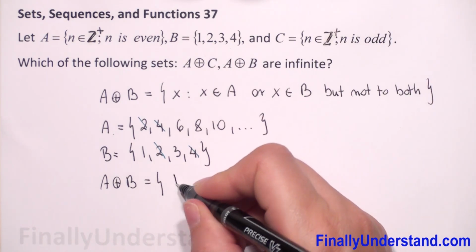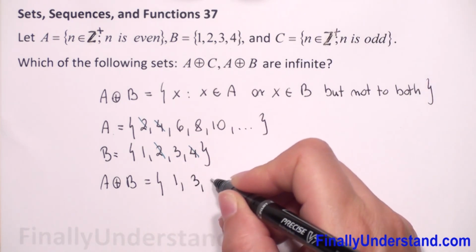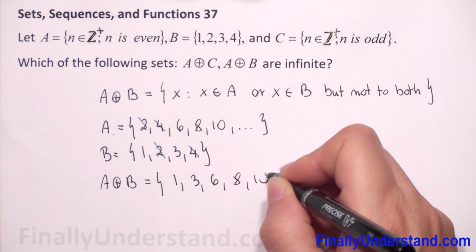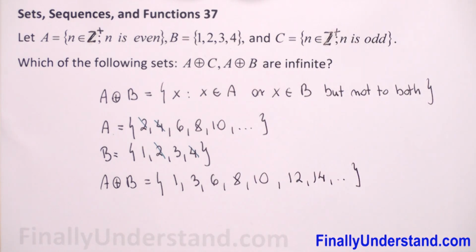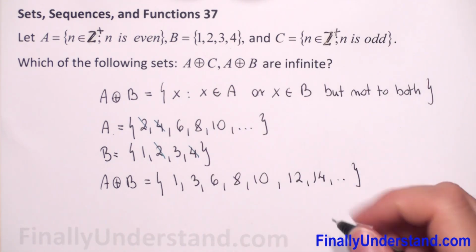So we have 1, 3, 6, 8, 10, next will be 12, 14, and so on. So we see that the symmetric difference of sets A and B is infinite, because these numbers go to infinity. We have 14, next will be 16, 18, and so on. So the symmetric difference of sets A and B is an infinite set.